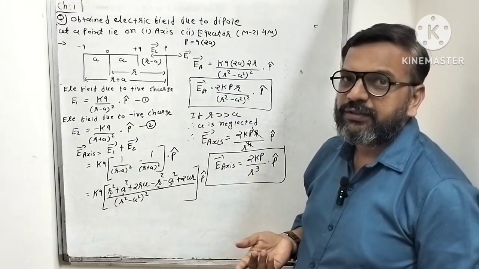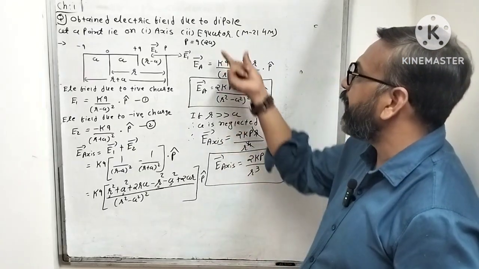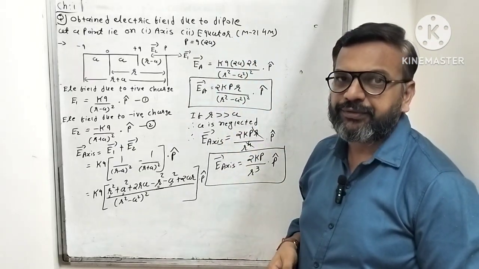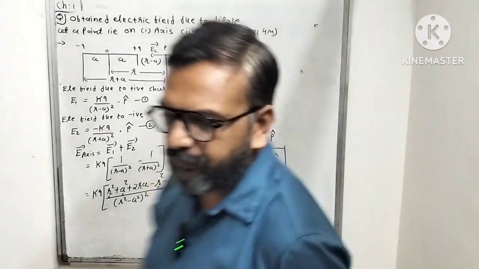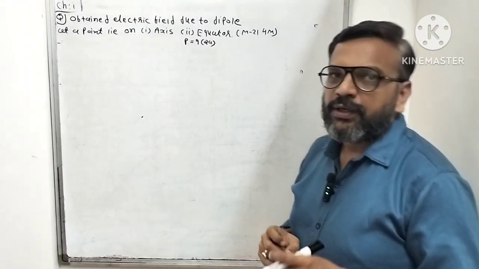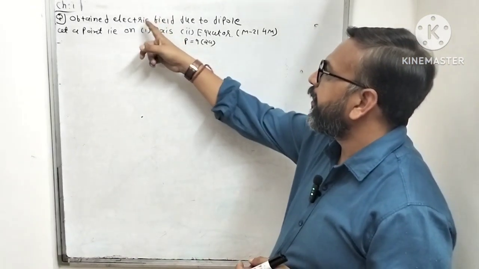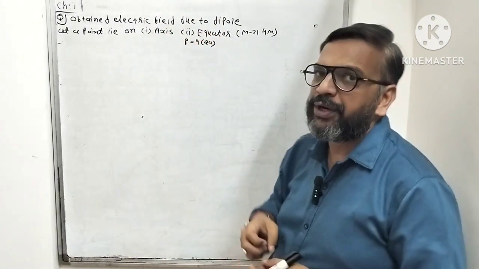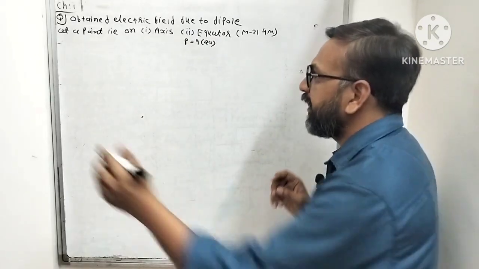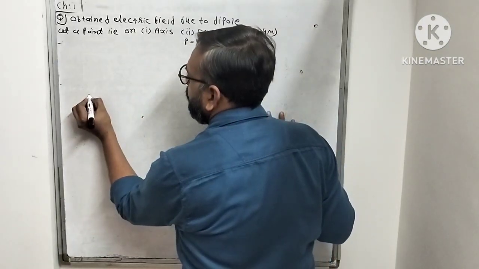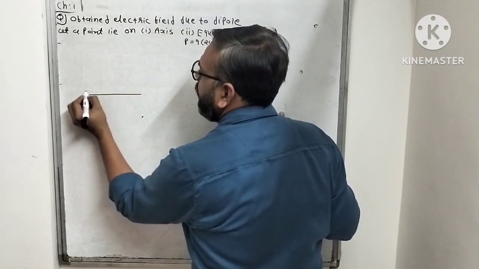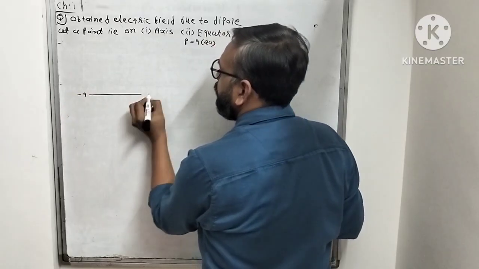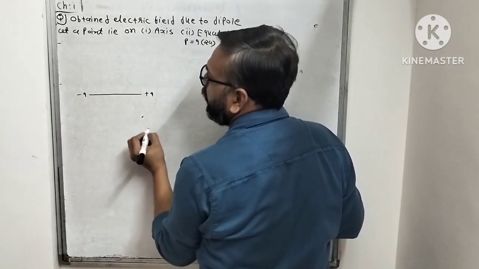Similarly, we can find the electric field at an equatorial point. Now we obtain the electric field due to a dipole for a point lying on the equator. Let's start. First of all, we draw the dipole, minus q, plus q.